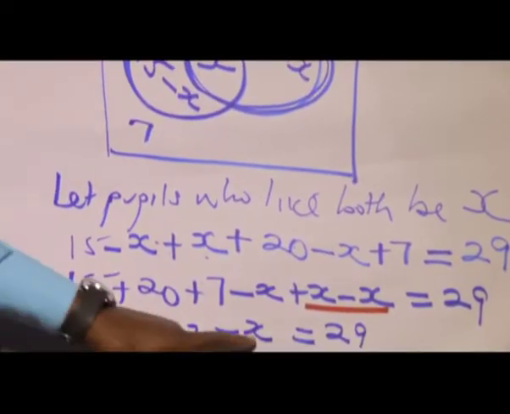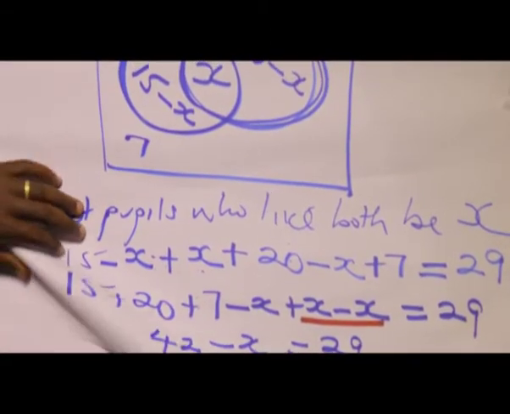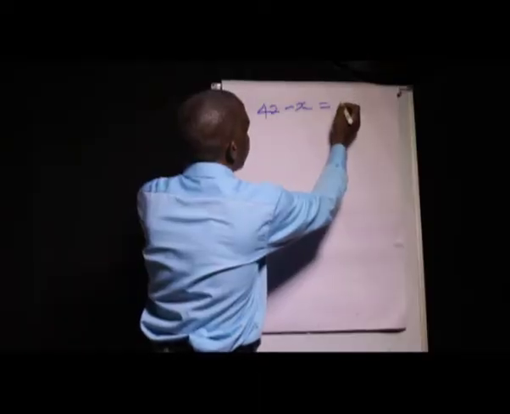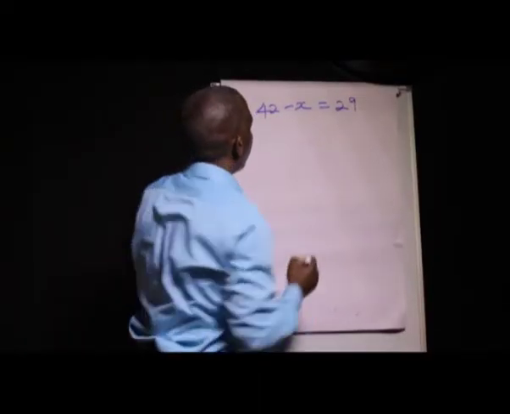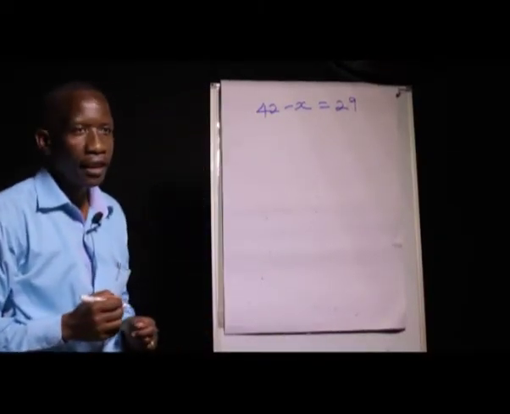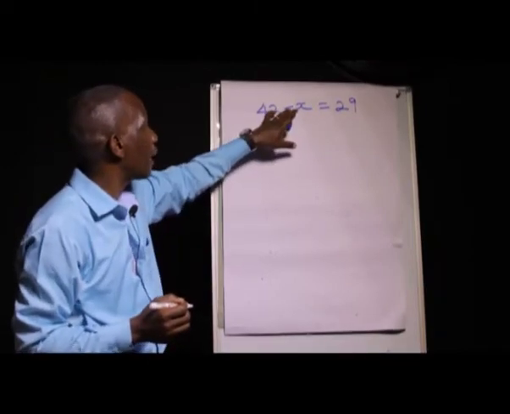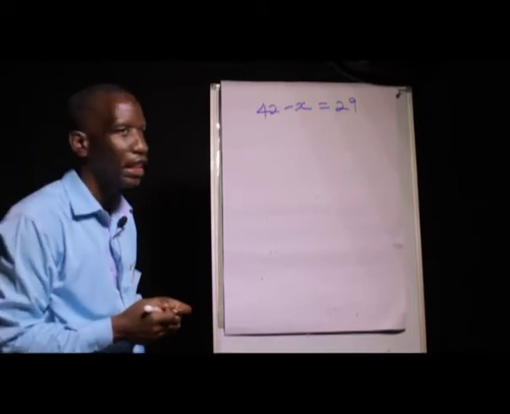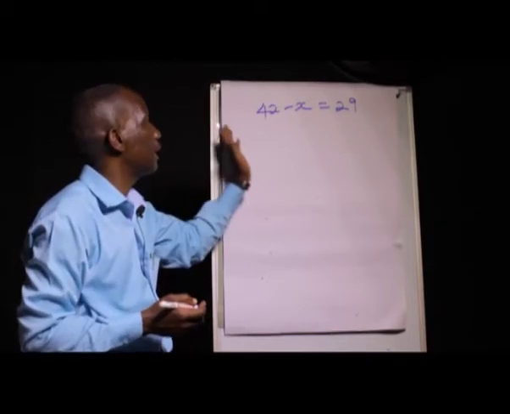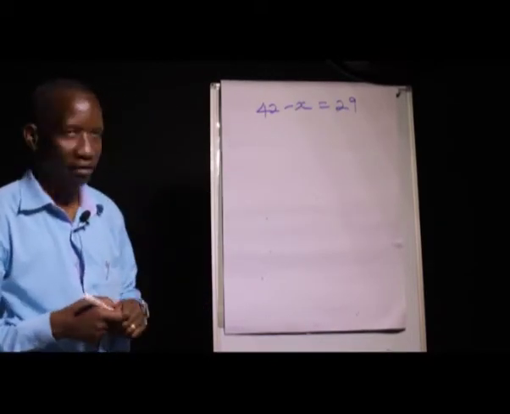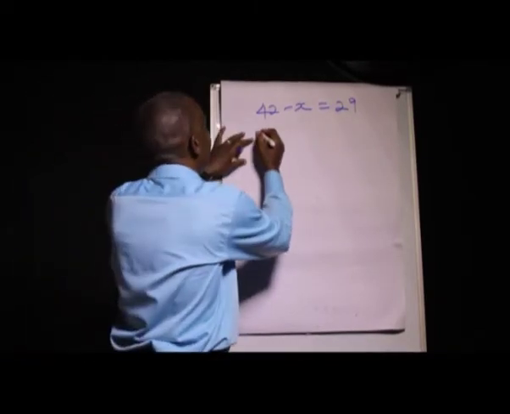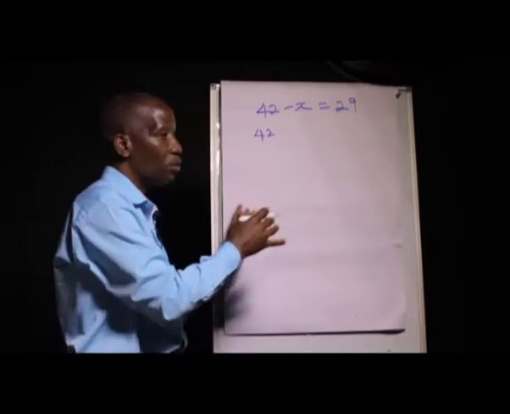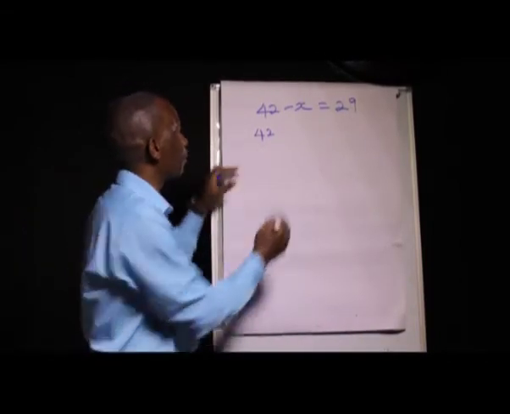Remember, x is the number of pupils who like both subjects. The only challenge we have here is how to eliminate the x. So what we shall do, we shall still collect like terms together. In our algebra we learned that if you are collecting like terms together, you subtract both sides if it is a positive number.